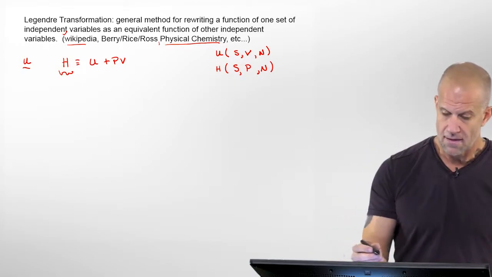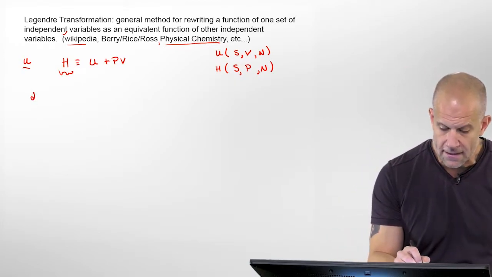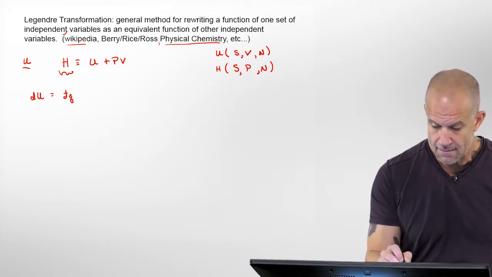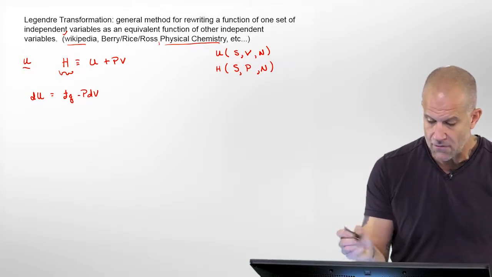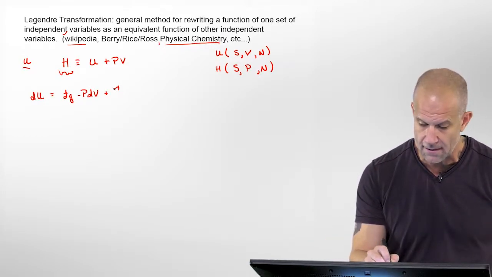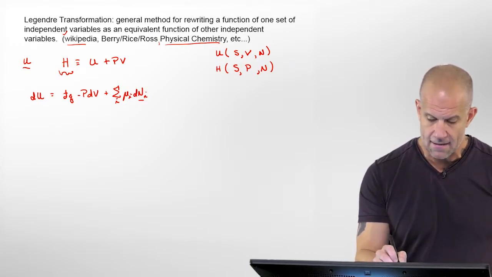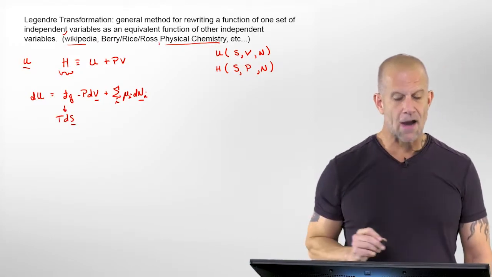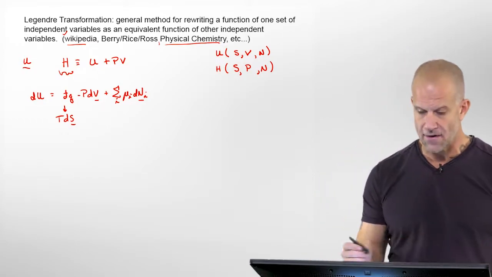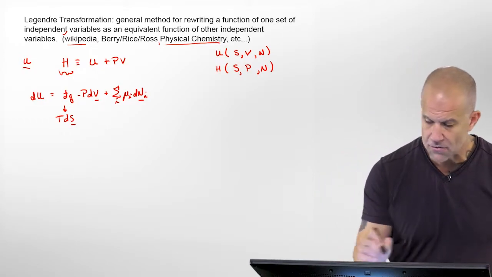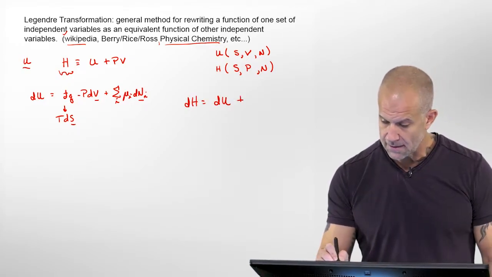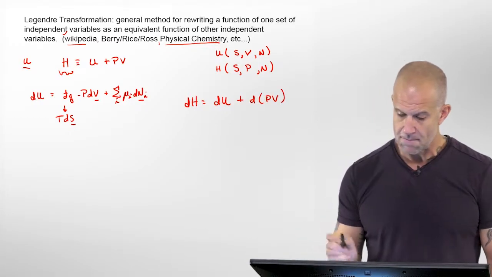This is the key thing: we're looking at the same types of energy, but different dependent variables. We know that the internal energy is dU = dq minus PdV, and if we added the other term, just to be clear, it would be the sum of mu_i dn_i. So it's dependent on N, V, and in this case, this is TdS. So how does the enthalpy change these variables? If we take a derivative of this, that's dU plus the derivative of the product PV.